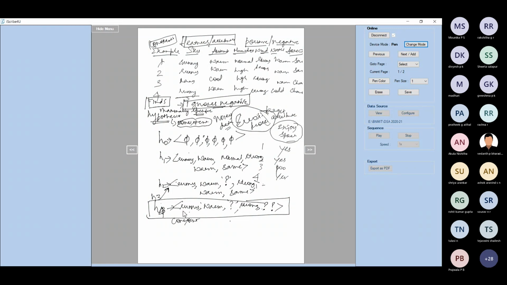It simply means for any training example to be positive, sky should specifically be sunny. Air temperature should specifically be warm. Humidity can be anything. Wind should be strong. Water can be anything, and forecast can be anything. That's what it really means. So it is good enough. It is consistent with the training examples.